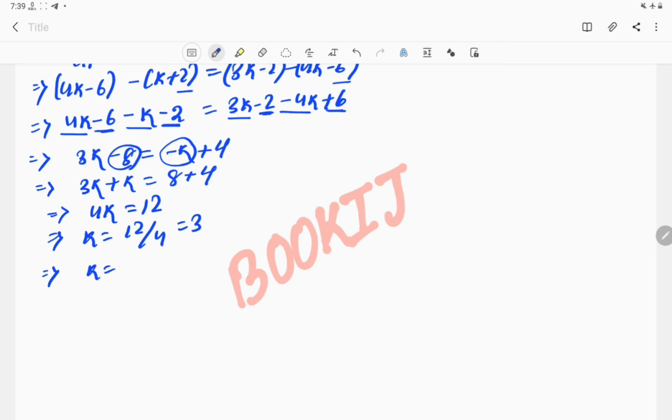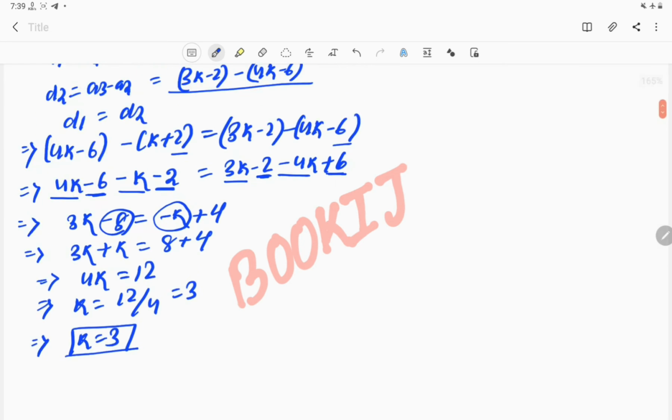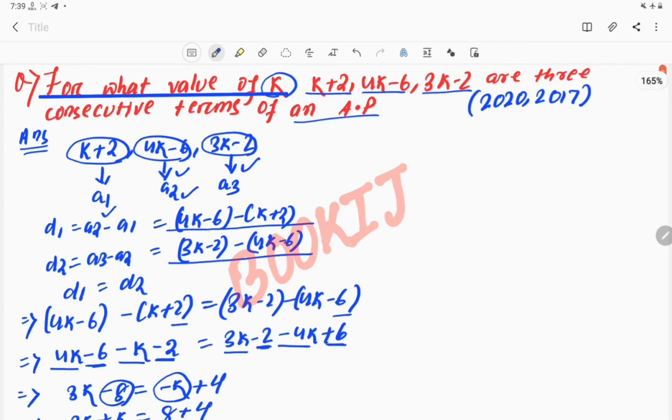So for k equal to 3, the three terms will be consecutive and in AP. But let's cross check whether k equal to 3 is the correct answer or not.